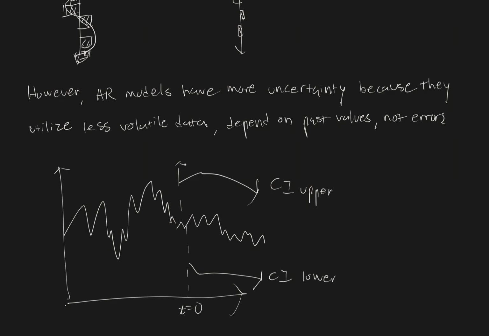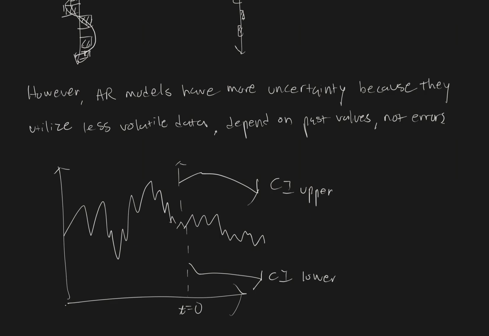Alright, so I said that AR models have more uncertainty because they utilize less volatile data, and they depend on past values, not errors. So this part is true. Is this part true? I assume so because I wrote it down. AR models have more uncertainty because, right, okay.